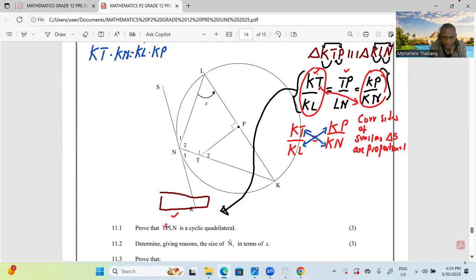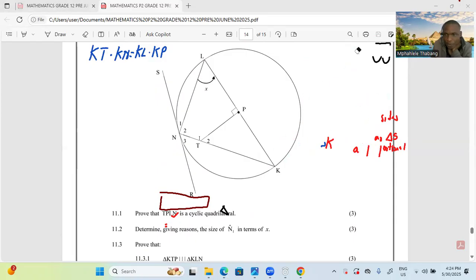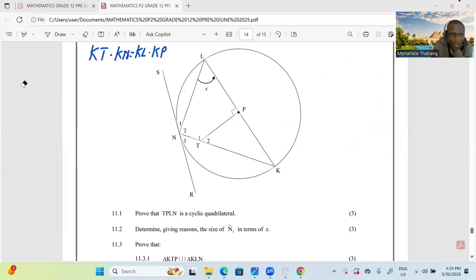Yes, I want the diagram. Now what I'm going to do, I wish we see where we are going. It's always important. Let me write what we are proving this side. This is the final end.